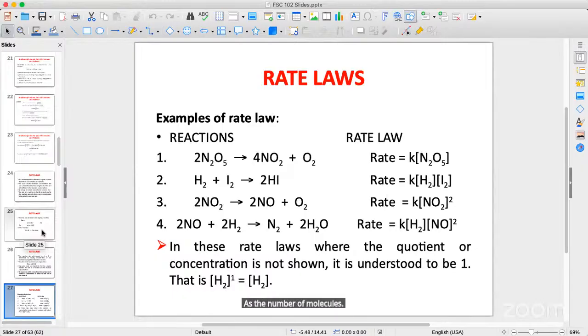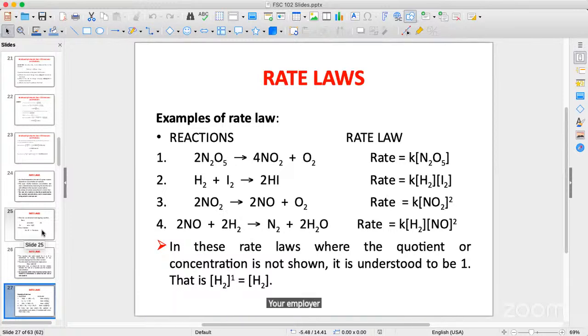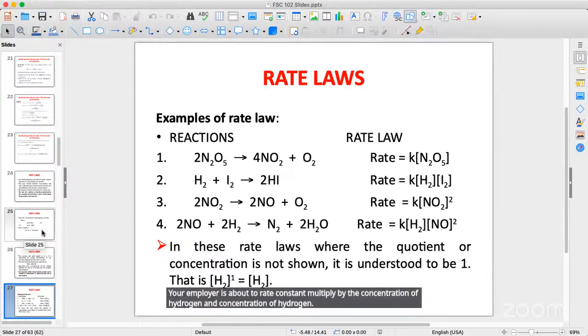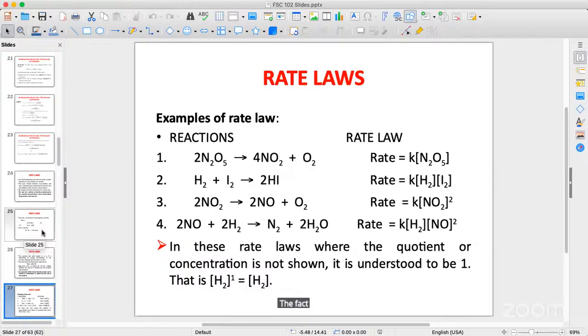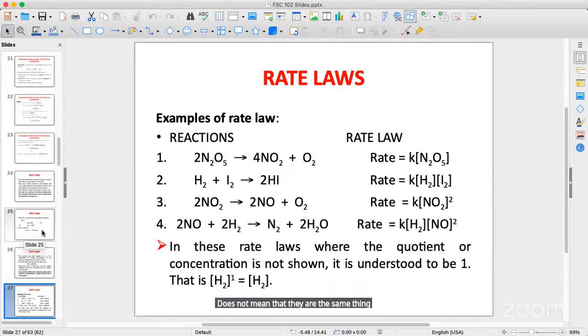Now, for the second one, where you have hydrogen and iodine, your rate law is equal to the rate constant multiplied by the concentration of hydrogen and the concentration of iodine. The fact that you have it as 1,1 in your equation and also 1,1 in your rate law is just a coincidence. It does not mean that they are the same thing. Same with the second equation.